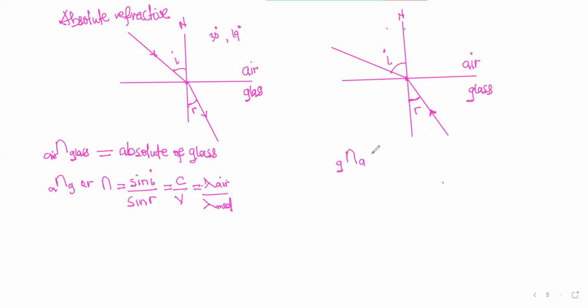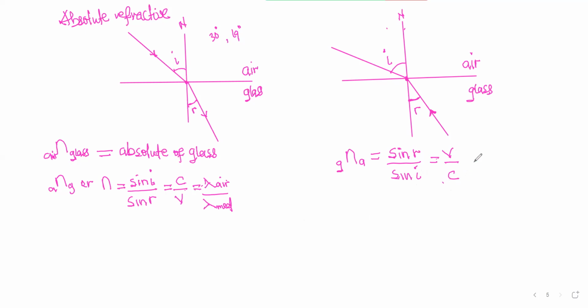And this is also equal to sine R over sine I. In terms of speed of light, we can also pick this to be V over C, where V is the speed of light in glass, C is the speed of light in air.